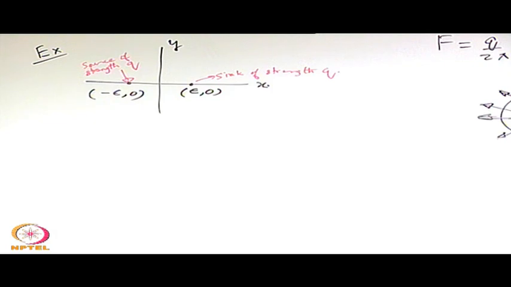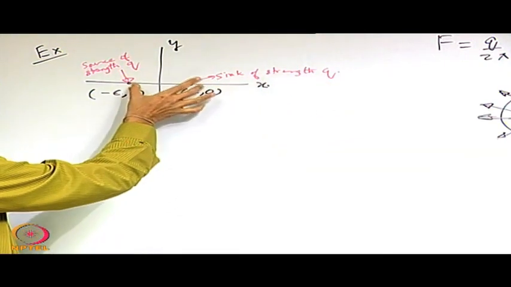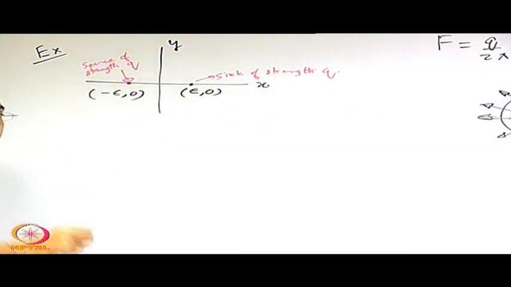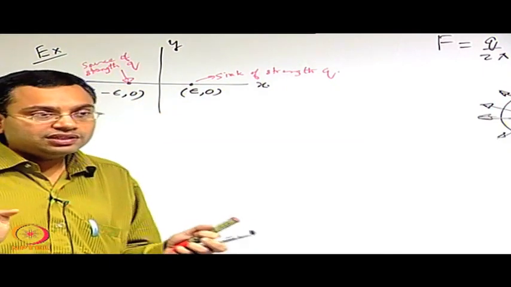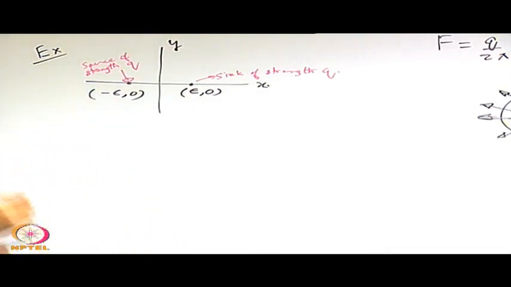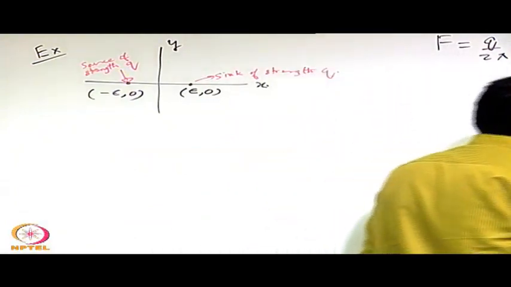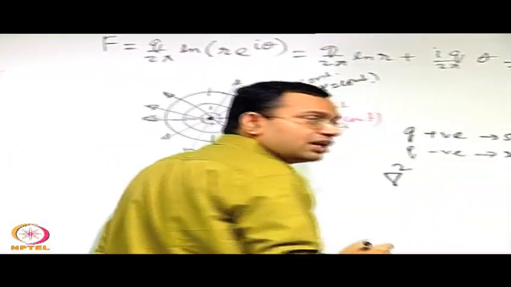So we can see that whatever we have learned till now, it is a combination of that effect, but the question is whether it is a linear combination or not. To understand that, keep in mind that both the stream function and the velocity potential satisfy the Laplace equation.